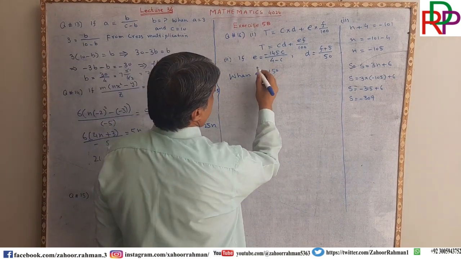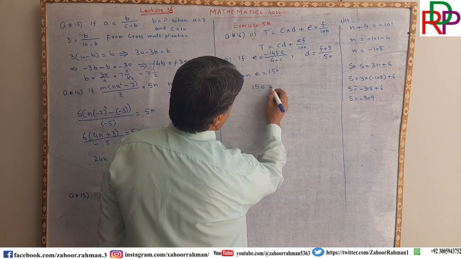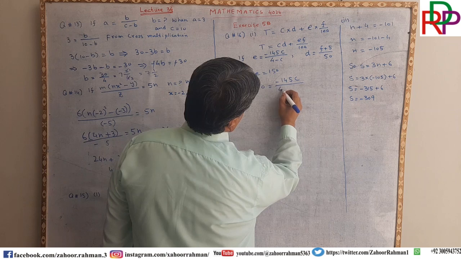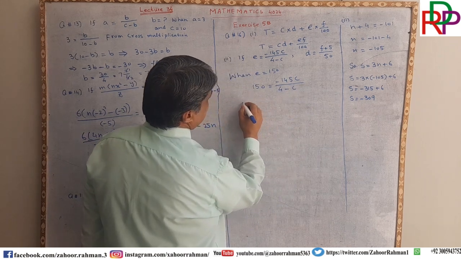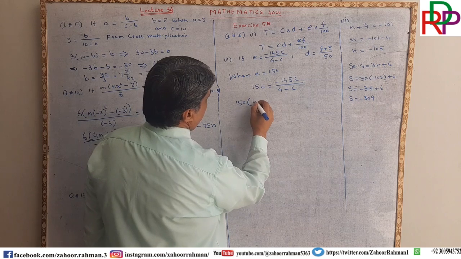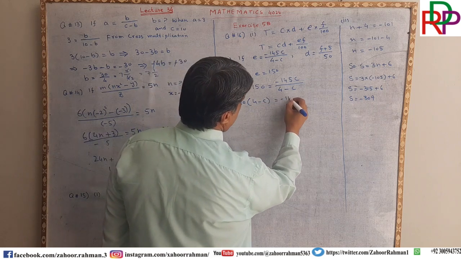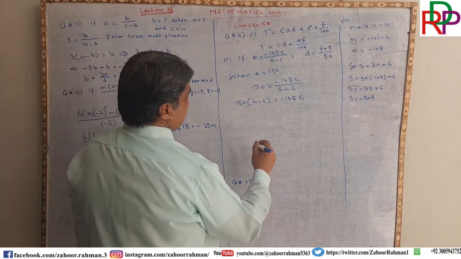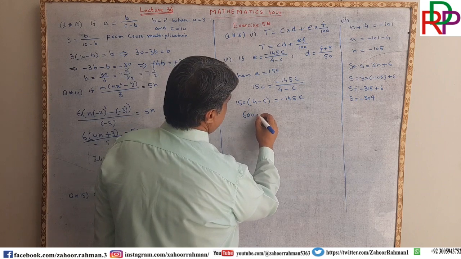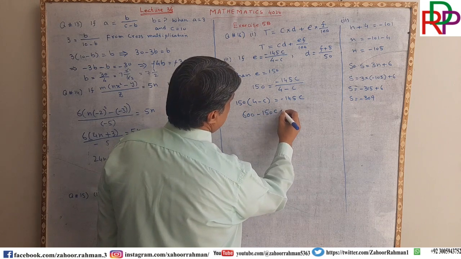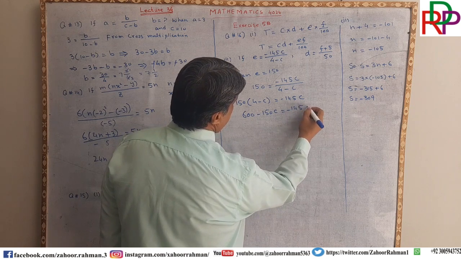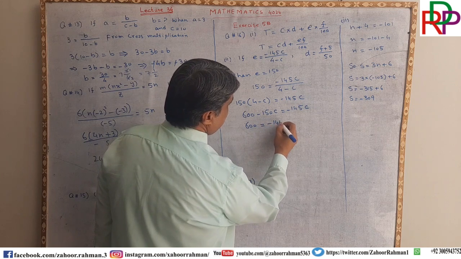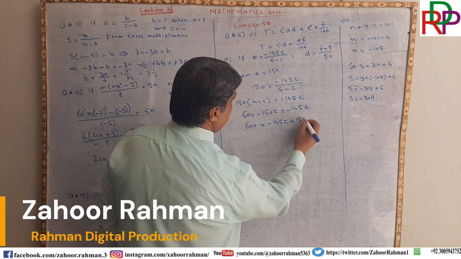When E is equal to 150, we are writing 150 is equal to minus 145C all divided by 4 minus C. Cross multiplication will give you 150 times 4 minus C is equal to minus 145C. So this is 600 minus 150C is equal to minus 145C. 600 is equal to minus 145C plus 150C.